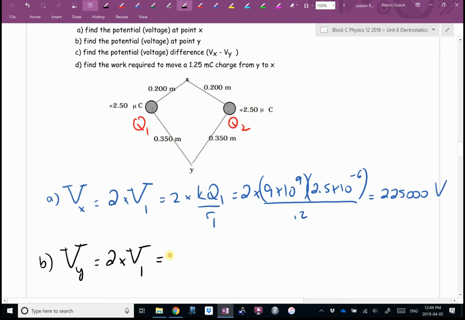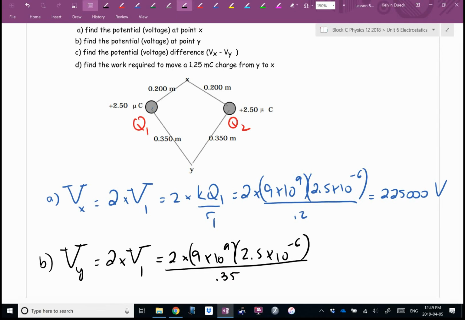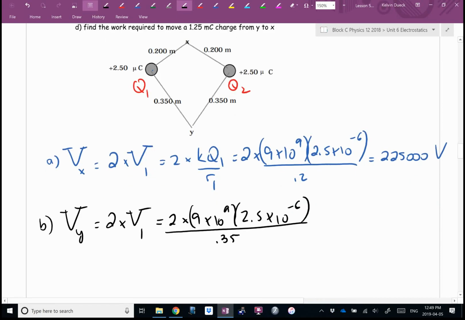It's going to be 2 times 9 times 10 to the 9th, 2.5 times 10 to the negative 6. Ooh, this won't work out evenly. 0.35. 35 is 7 times 5. We're dividing by a 7. 7 is a yucky prime number that gives you yucky repeating decimals. So give it to me all the way to the decimal point.